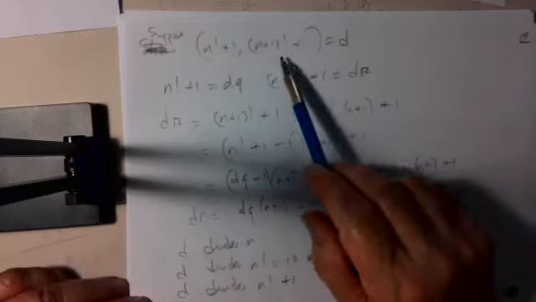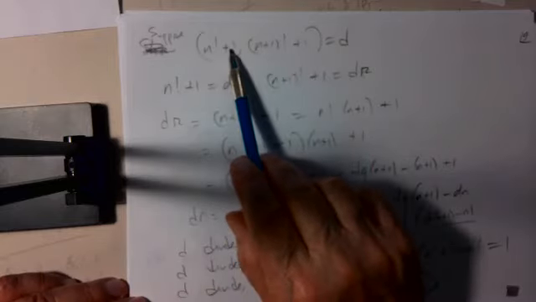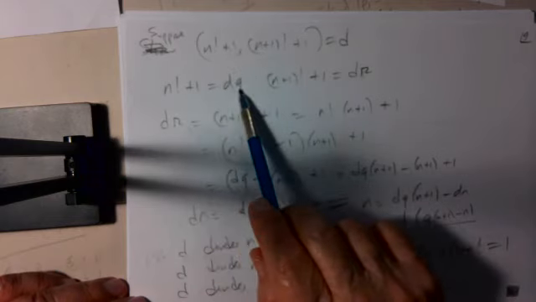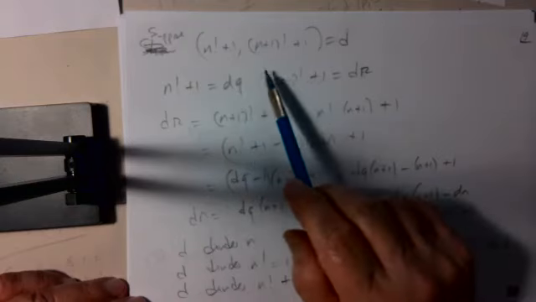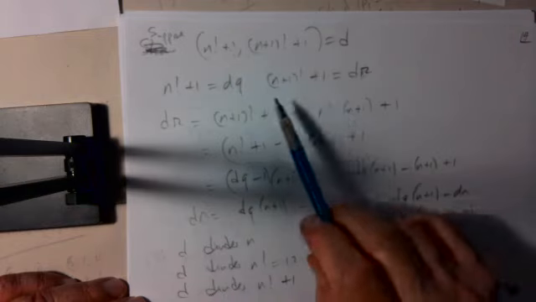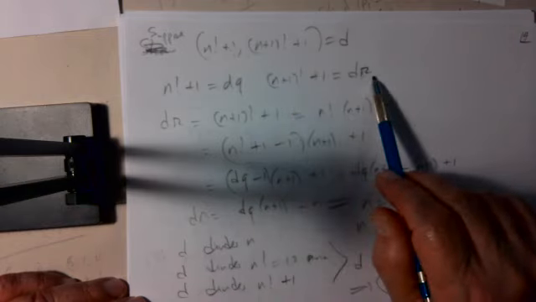And let D be the greatest common divisor. So that means D divides n factorial plus 1. So n factorial plus 1 is dq for some integer q. D also divides n plus 1 factorial plus 1. So n plus 1 factorial plus 1 is dr for some integer r.